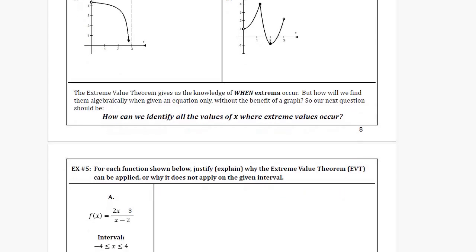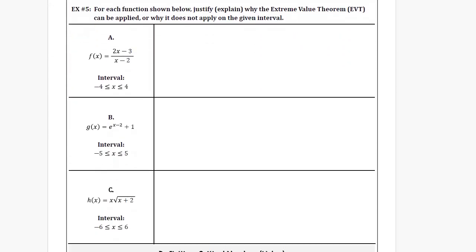So looking at some functions now, instead of their graphs, we need to be able to again decide when we're going to be able to apply EVT. So on our first one, we're looking from -4 to 4.